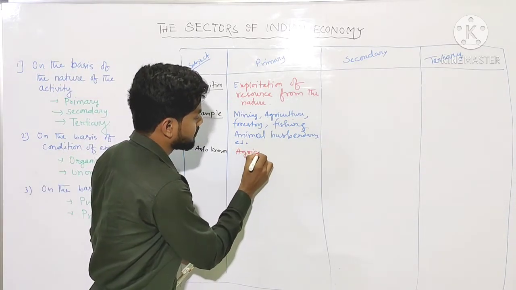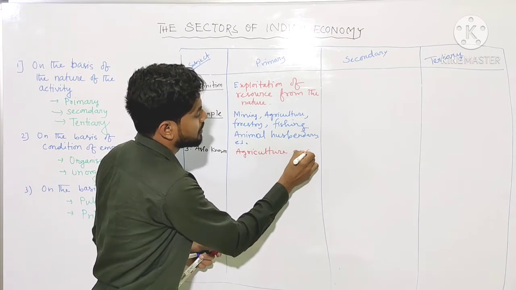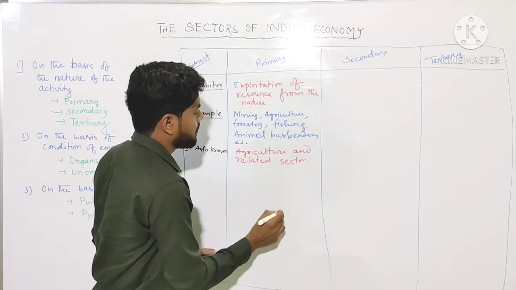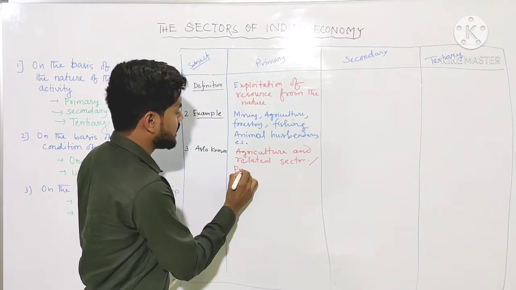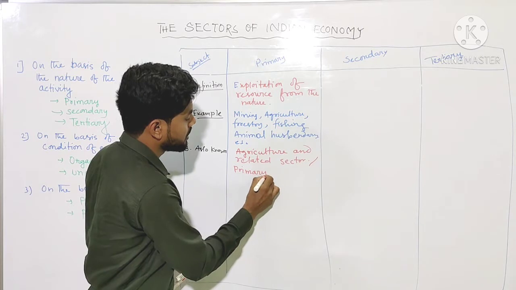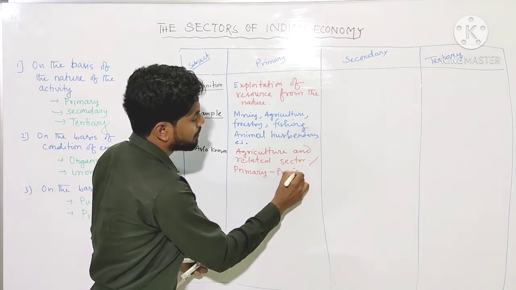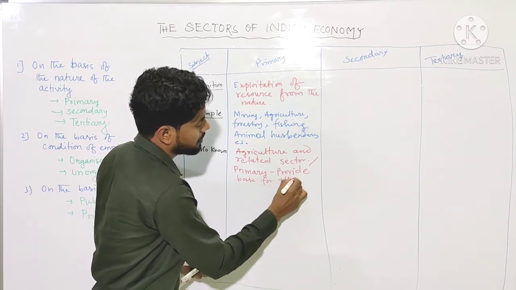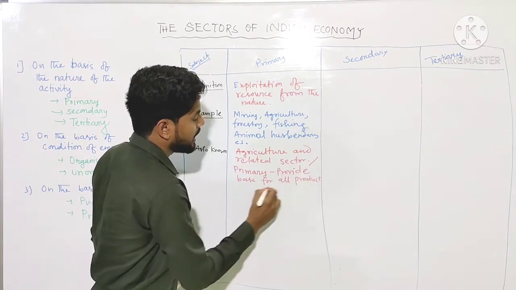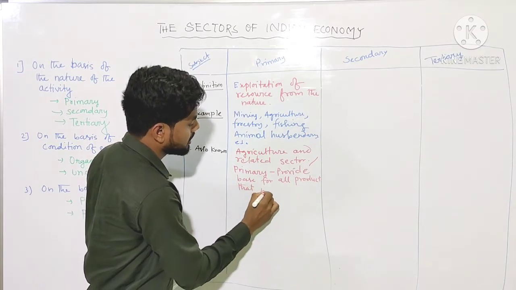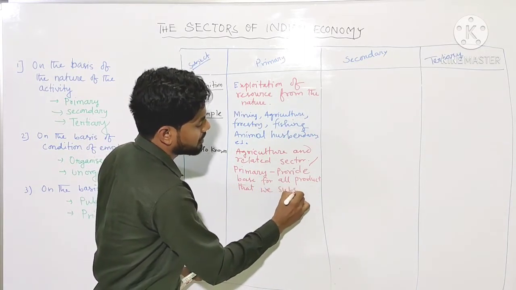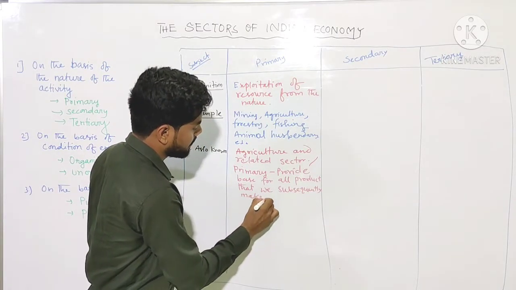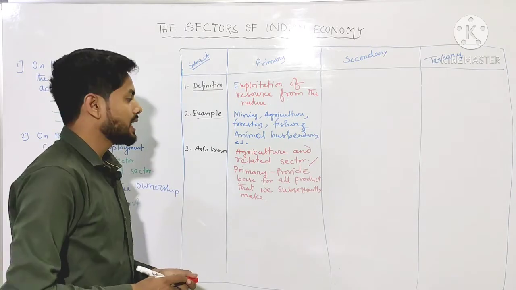It is called primary because it provides the base for all products that we subsequently make.